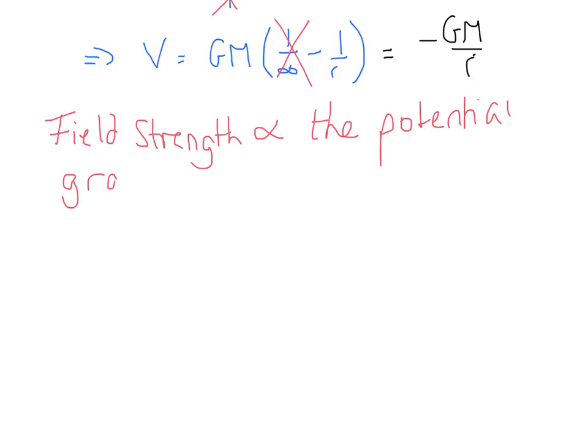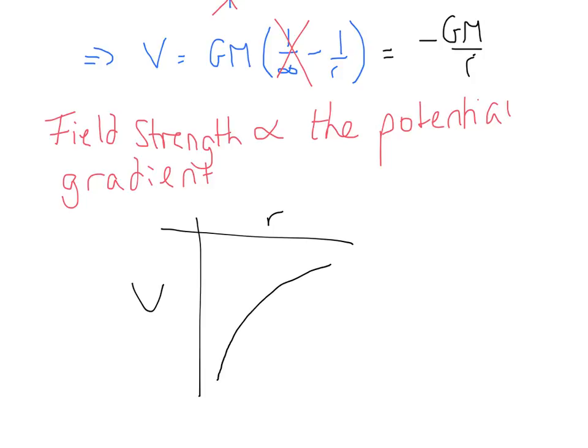So what does that mean? Well, if we drew a graph of potential against R, it's going to look something like this. Now if we wanted to find E at any point, so say we wanted to find out what the field strength is here, it would be the gradient at that point.